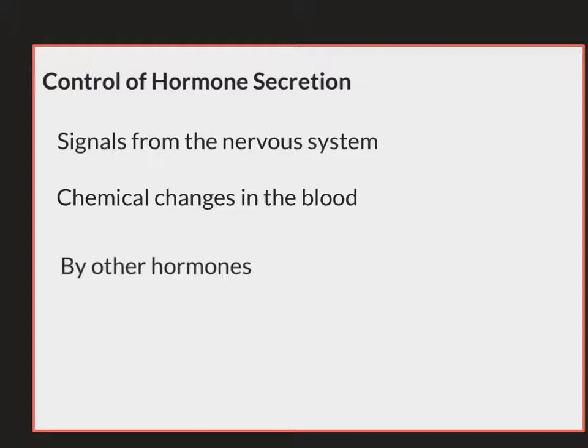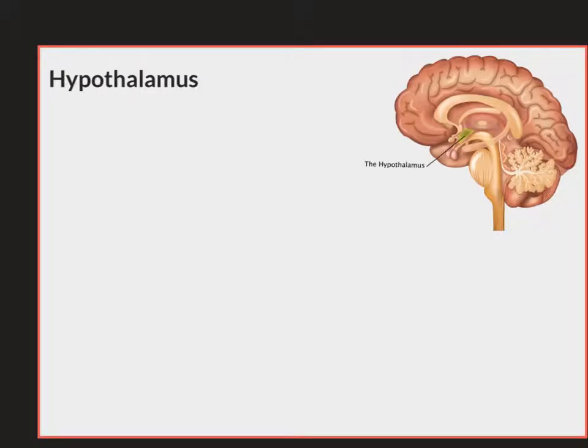Now that you have a basic understanding of the hormones and the different types there are and the ways in which they can work, we're going to go through and discuss the various endocrine glands and the hormones that they secrete specifically. The hypothalamus is a small region of the brain that lies below the thalamus. It is an important link between the nervous and endocrine systems.